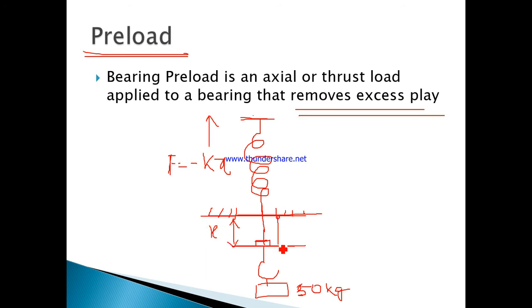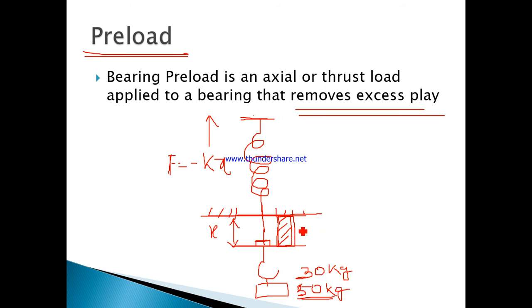And now that time, if I put a solid block here, and now I remove the 50 kg load, what will happen? This block will stay as it is, like this. After removing that 50 kg, if I apply 30 kg, what will happen?